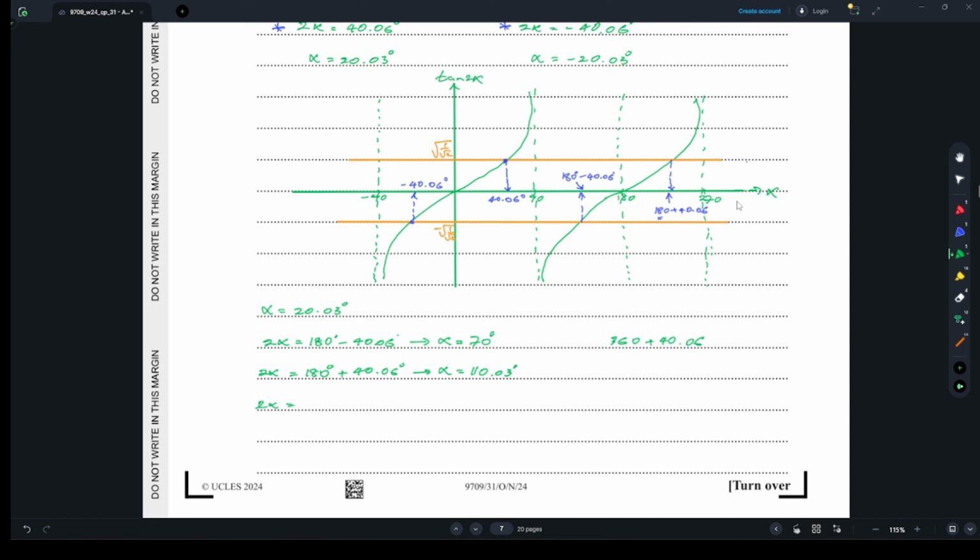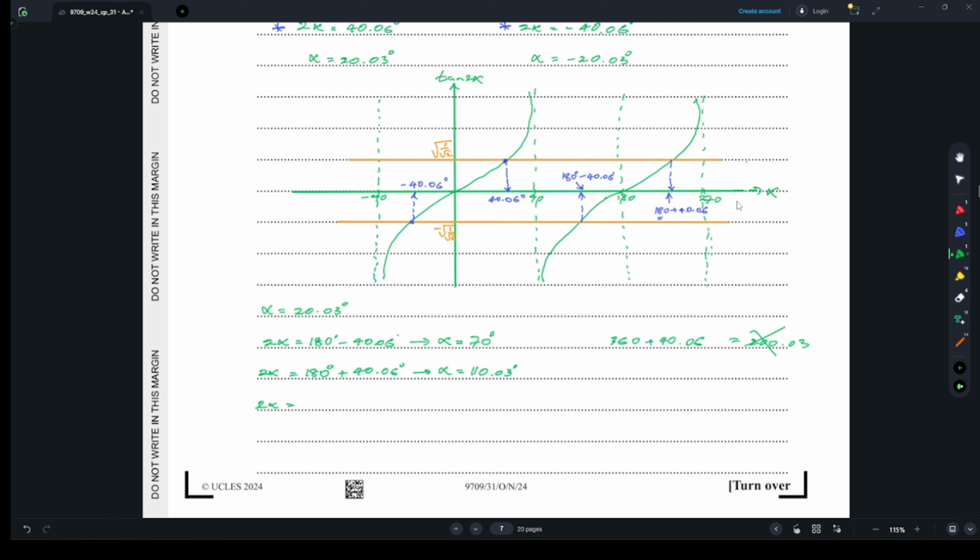Now you have to divide it by 2, so here it will be 200.03. So we can't use that one.